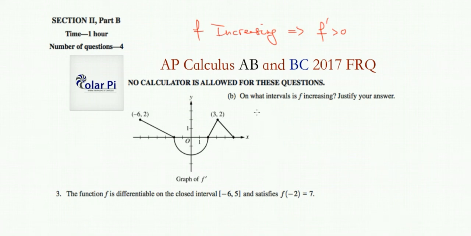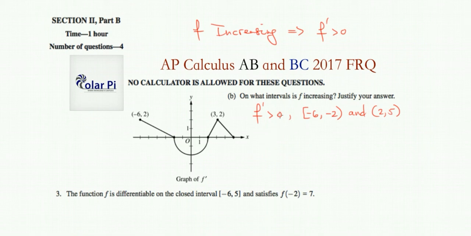Now, what we're saying is we can summarize the places where f prime is greater than 0 as being the following two intervals, which is negative 6 to negative 2 and from 2 to 5.